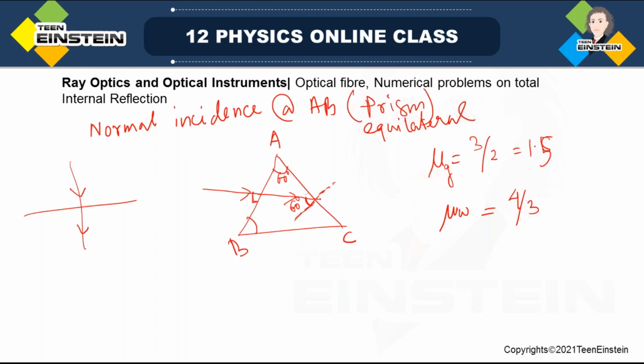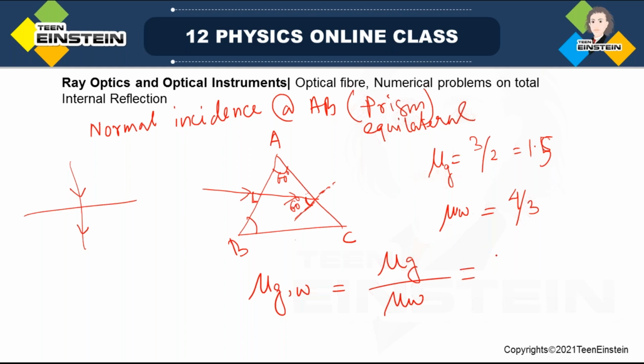So the angle of incidence is 60 degree, and this is glass and obviously within water, so you have to first find out the refractive index of this glass with respect to water. Glass prism with respect to water, that means refractive index, if you write mu g, glass with respect to water, then you have to write mu g over mu w.